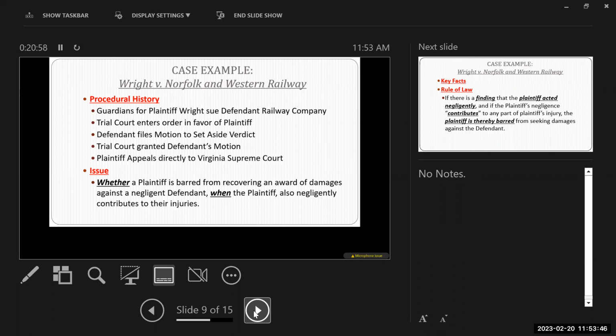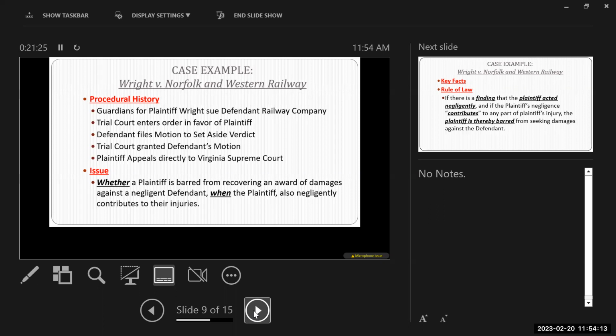Here we go. What's the issue? Whether a plaintiff is barred from recovering an award of damages against a negligent defendant when the plaintiff is also negligent. That's the question we're trying to answer. Stop and think about it.